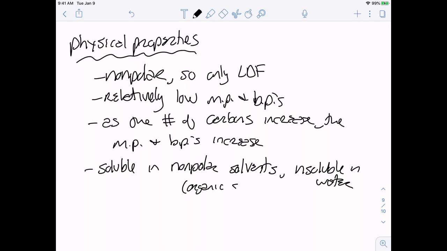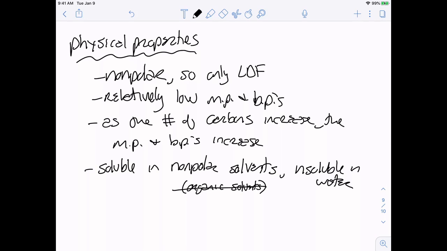Not all organic things are non-polar, right? So it's kind of a bad way to say it. It's how I learned it, so sometimes I'll do it that way. An alcohol is an organic solvent, but an alcohol is polar because it has that carbon bonded to oxygen and the oxygen bonded to hydrogen. Alcohols are polar. So when I say organic, I'm really talking about non-polar solvents, not all organic solvents.